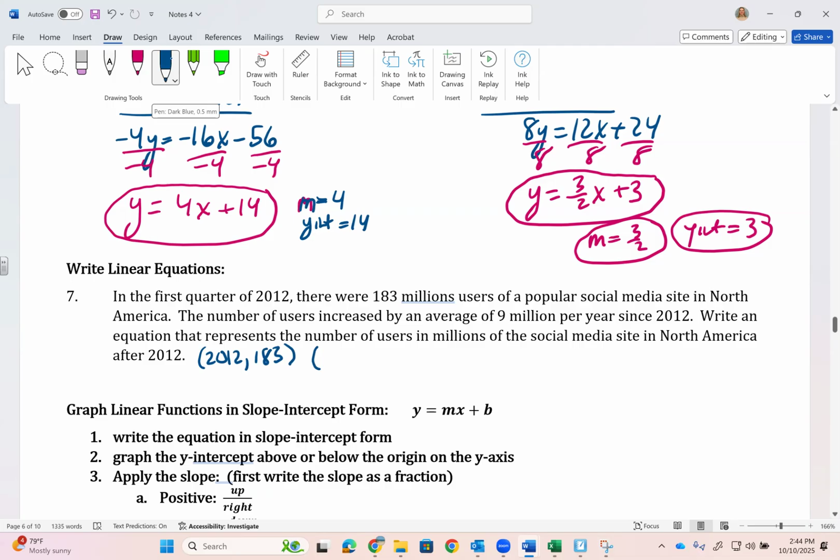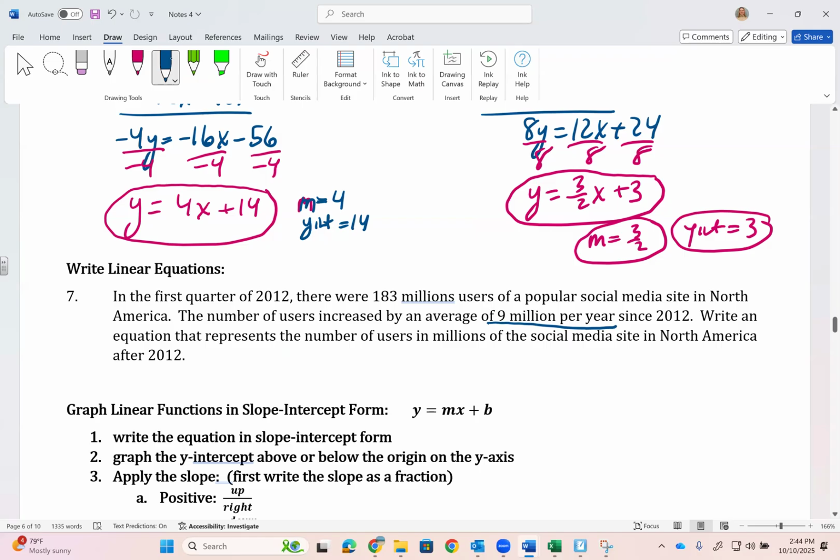So at this point, let's rewind this a second. What does it say? The number increased every year by 9 million every year. Okay, we don't need to do 2 points. We don't even think about that.